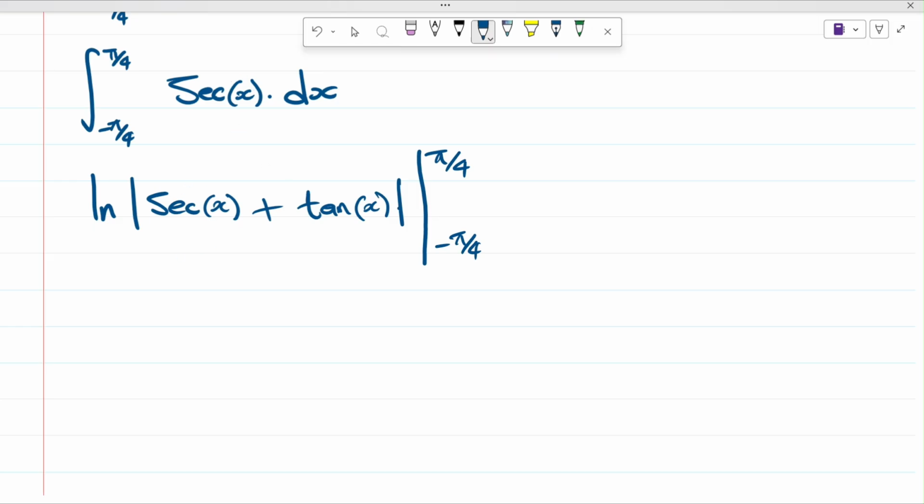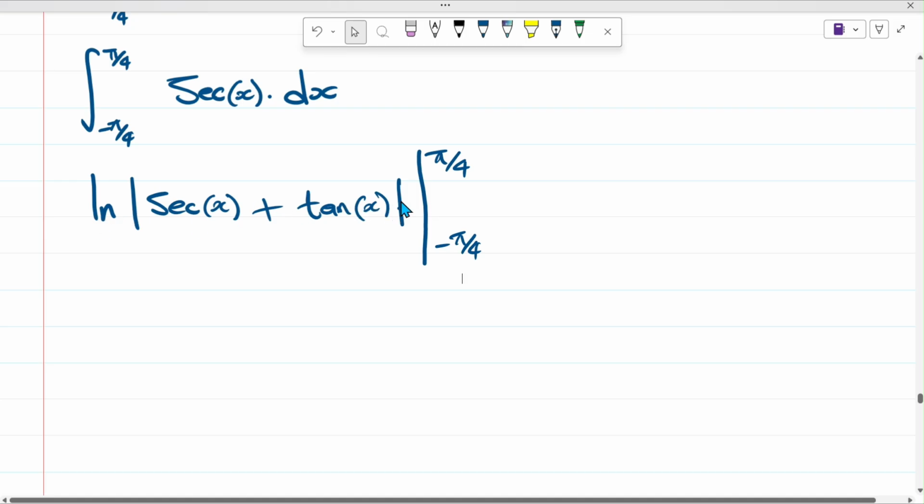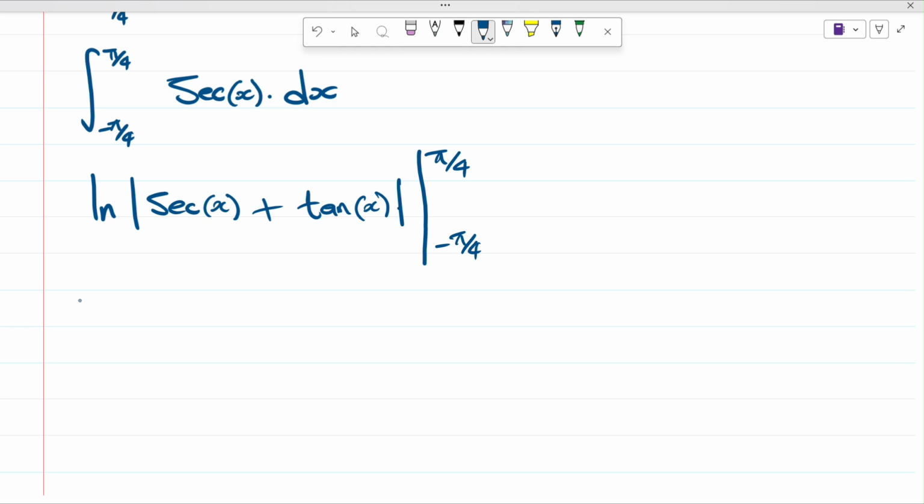So I proceeded with the integral formula because the derivative of the argument is 1 here. You can't proceed with the formulas before you have the derivative of the argument. So now let's substitute our limits.